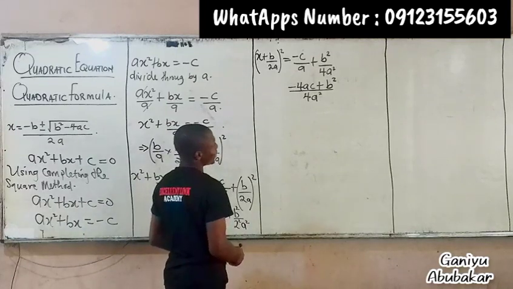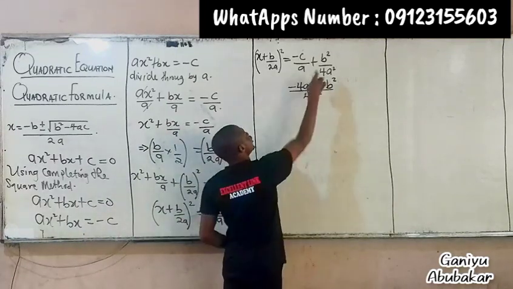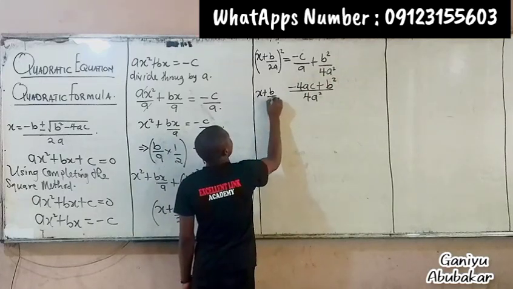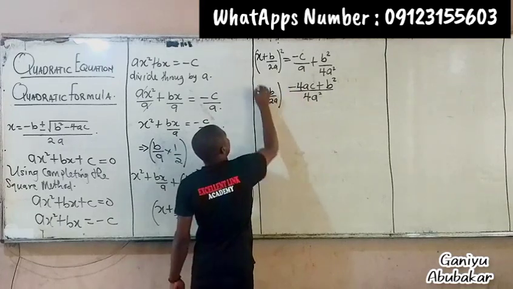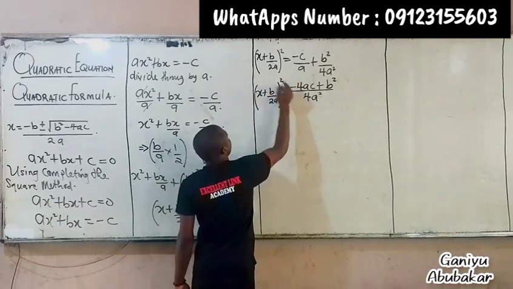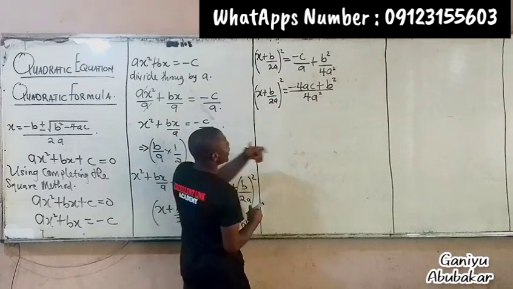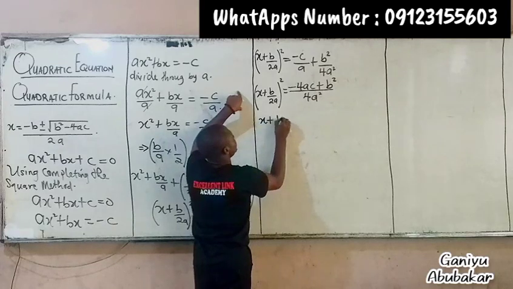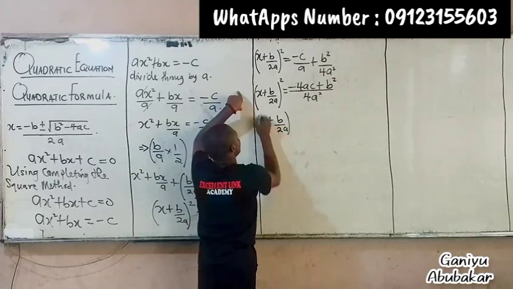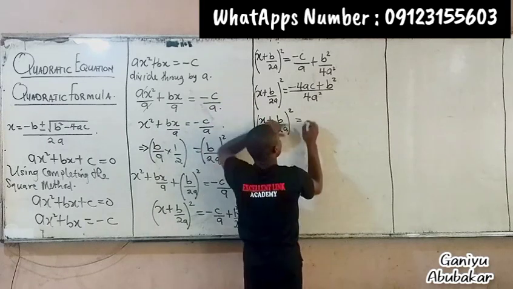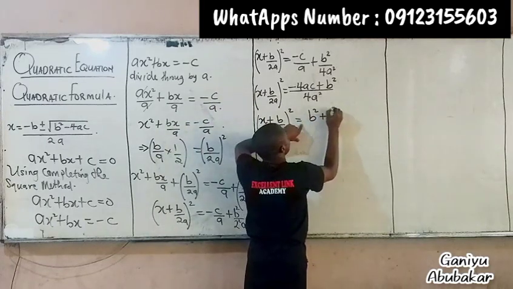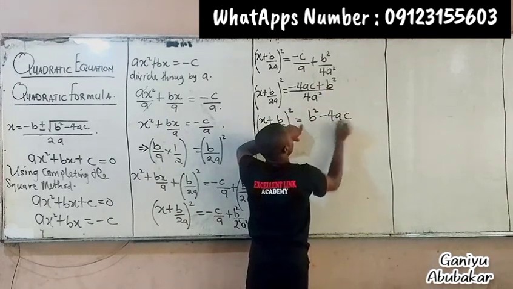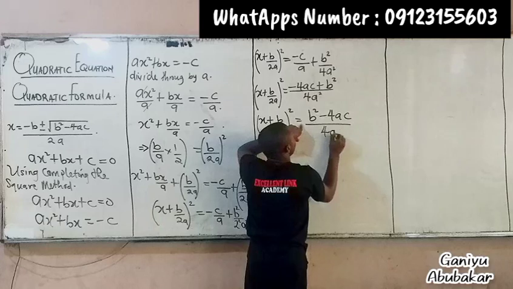What is my next task? Of course, I can rearrange the method such that I'll have x plus b over 2a, all squared. This term, I put it down here back. Alright, at this point we said rearrange this. In that I'll have x plus b over 2a all squared is equal in value to b squared minus 4ac all over 4a squared.